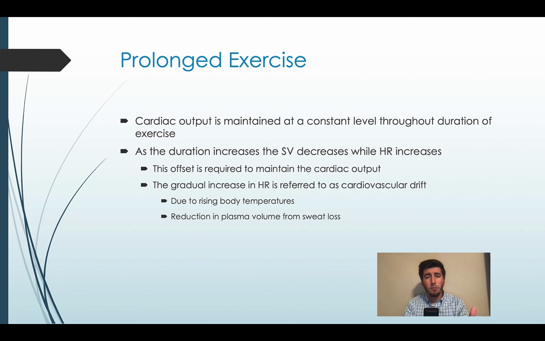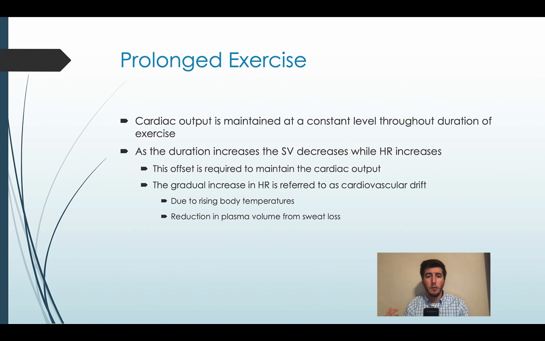So the amount of blood that you're forcing out of the heart is going to decrease some. In order to maintain that cardiac output, because you're still working at constant work rate, your heart rate has to make up the slack. So you'll see that for prolonged durations, you'll start at one heart rate for a plateau, and then as that exercise continues, you'll see that it increases and increases and increases.